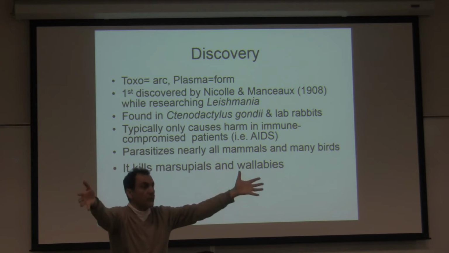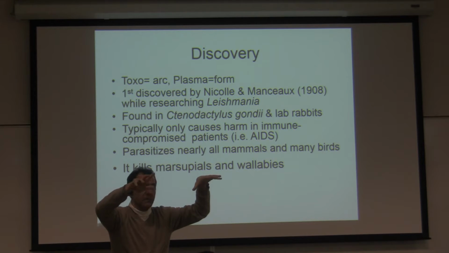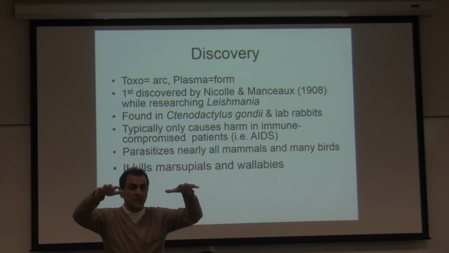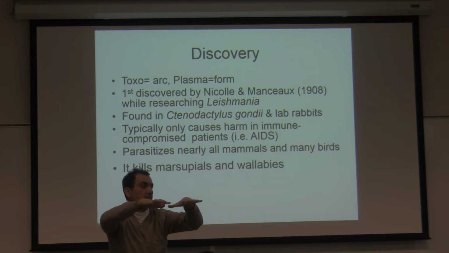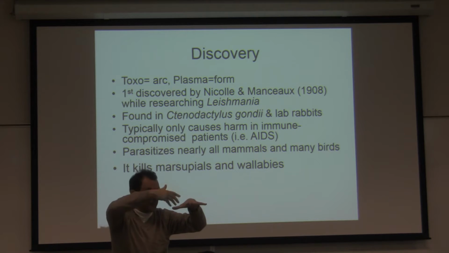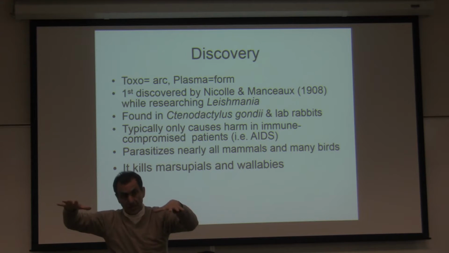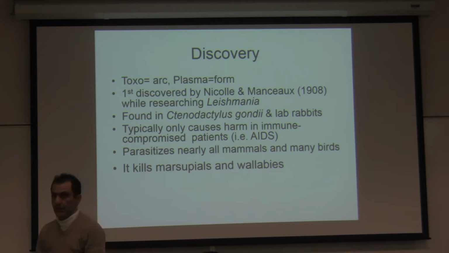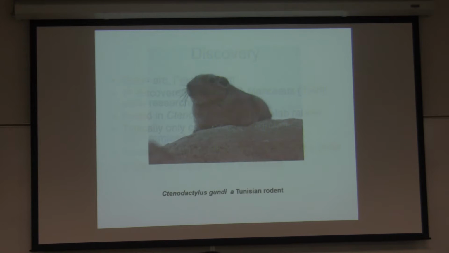At one zoo, there was an incident: all of the wallabies and marsupials died. The kangaroos died because their cage was next to the wildcats, and the Toxoplasma gondii feces got into the cage. Of course, it was just an accident, and they died.